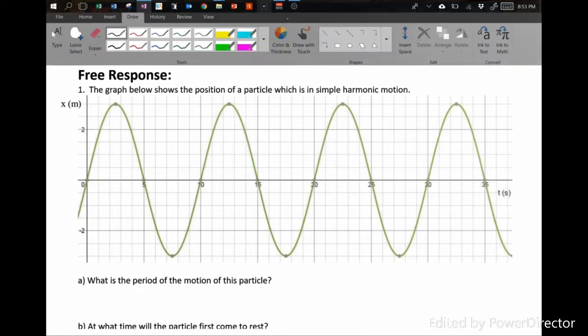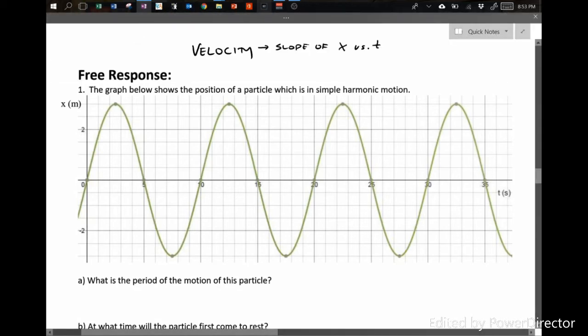We'll do the acceleration in red. That's the curve of x versus time, and if we remember, that's positive acceleration and that's negative acceleration.